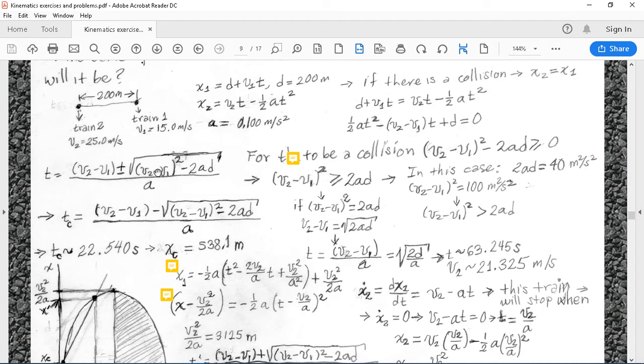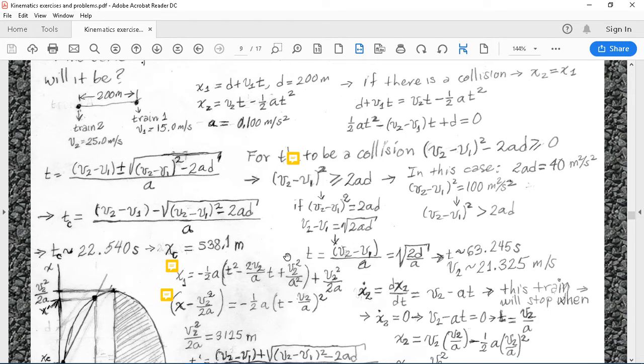So we had (v2 minus v1) squared equal to 2ad, and then v2 minus v1 equal to the square root of 2ad.